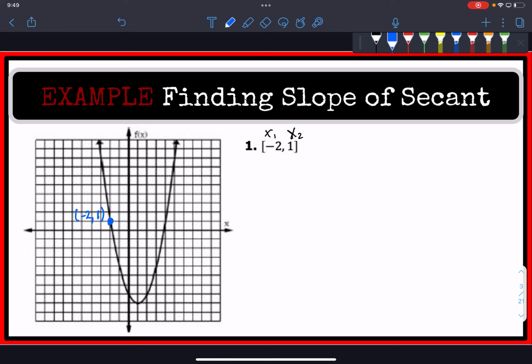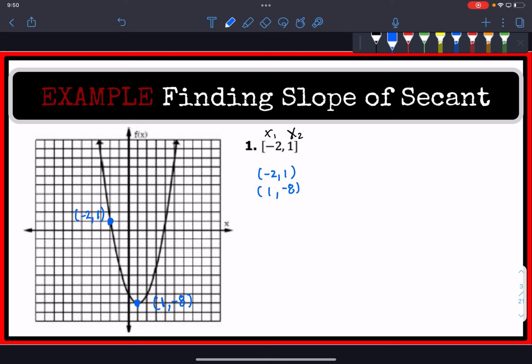When x is equal to positive 1, the y value is negative 8. So here are the 2 points: at negative 2, our y value is 1, and at positive 1, our y value is negative 8.